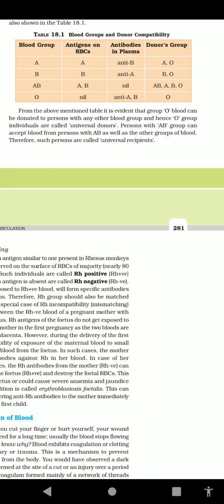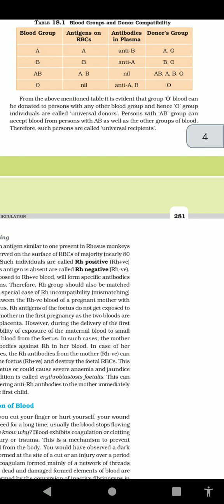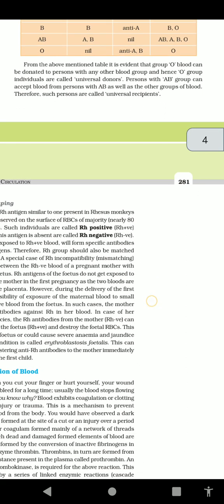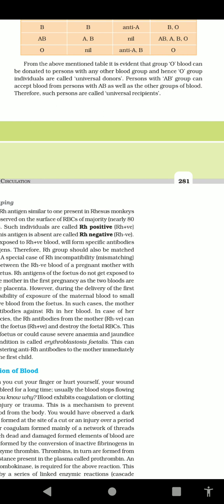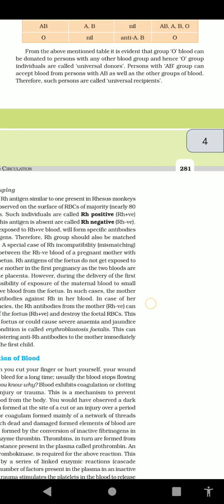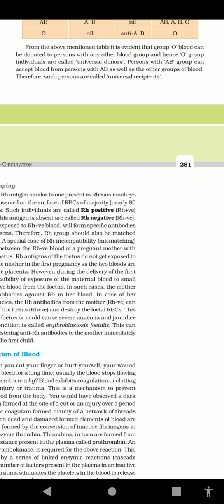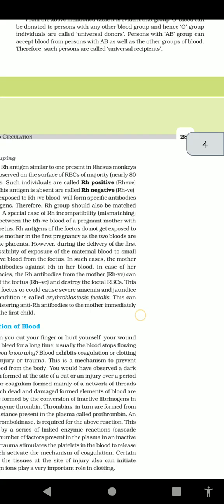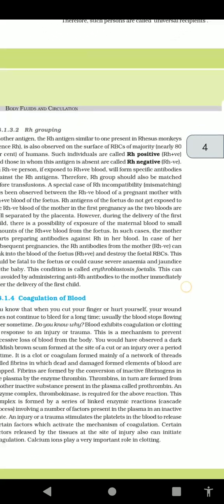From the above mentioned table it is evident that group O blood can be donated to persons with any other blood group, and hence O group individuals are called universal donors. Persons with AB group can accept blood from persons with AB as well as the other groups of blood. Therefore such persons are called universal recipients.